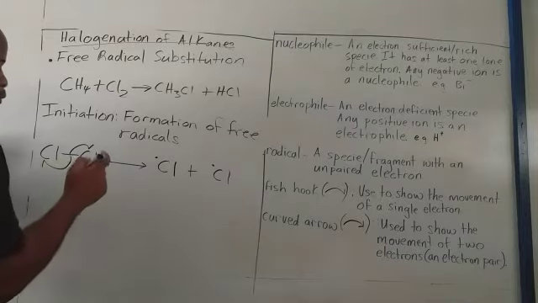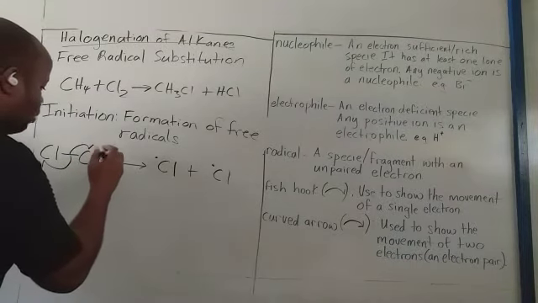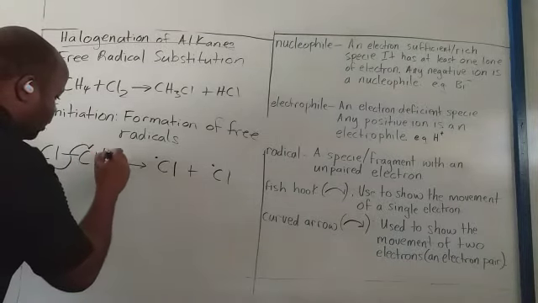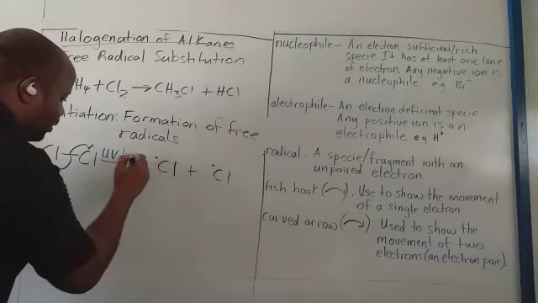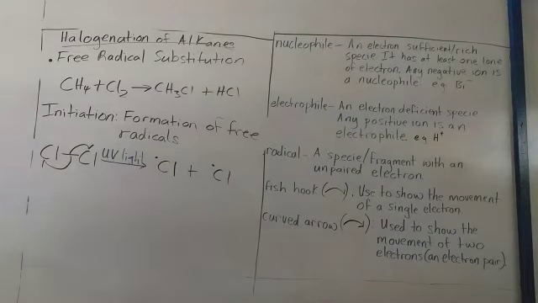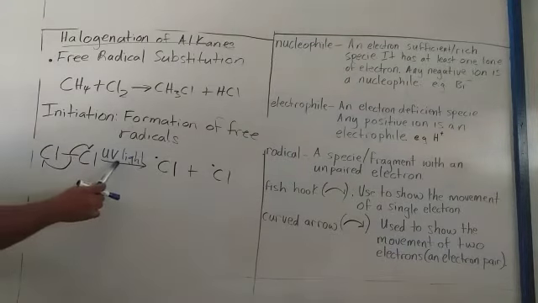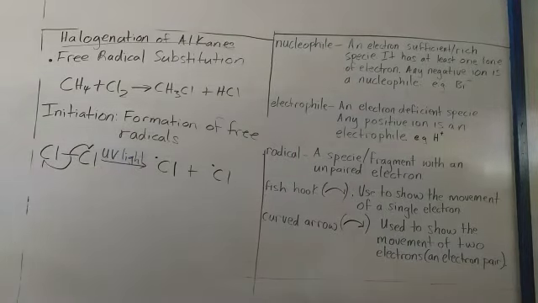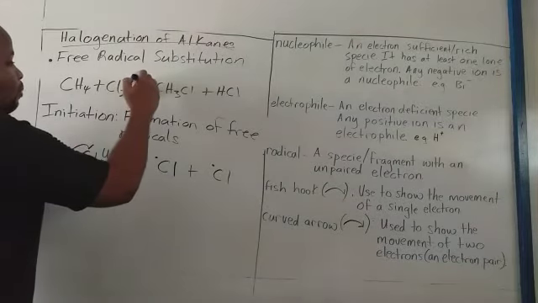But for this reaction, it must occur in the presence of UV light. So when you are doing this mechanism, ensure you put UV light over the arrow. So this step will only occur in the presence of UV light.